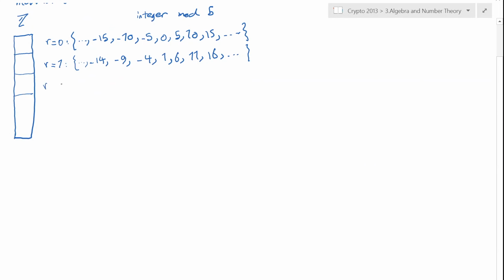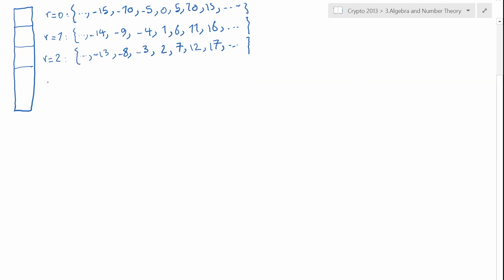Then there are numbers where the remainder is 2 when you divide by 5. That set would be minus 13, minus 8, minus 3, 2, 7, 12, and 17.